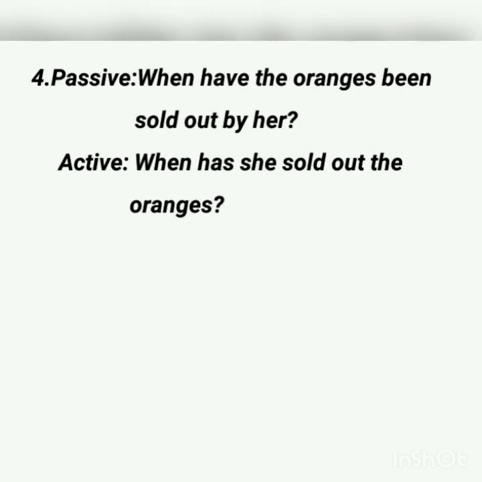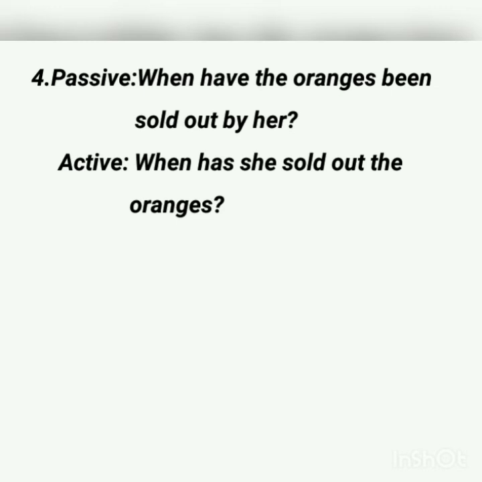Number 4, passive: When have the oranges been sold out by her? This is another question form which begins with the interrogative word when. Remember, we have to take down the word when again in the active voice in the first place. And the object here is her.